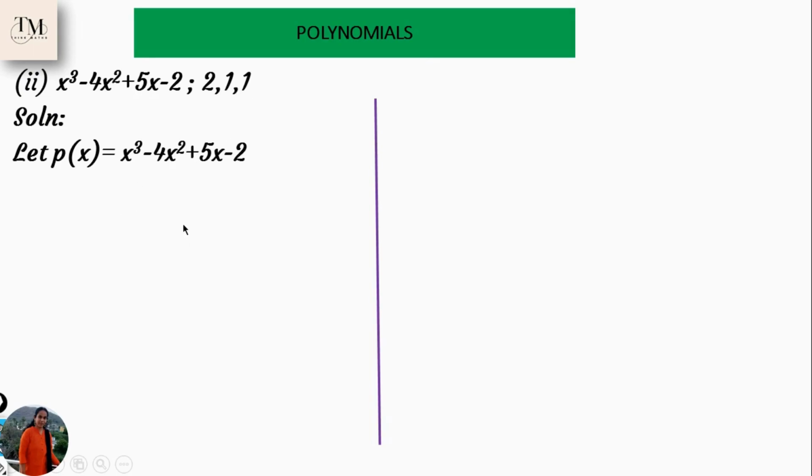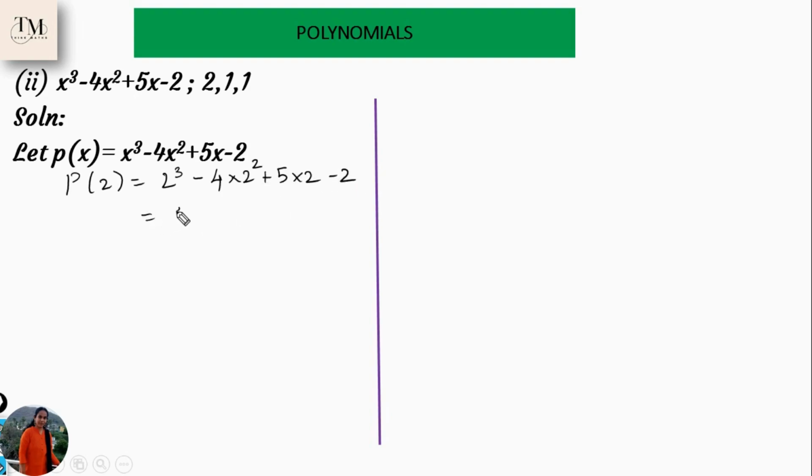So first we have to prove that these are the roots. So we have to prove that p of x equals 0 when x is equal to 2, 1, 1. Okay. So let me take first one, p of 2. So p of 2 is equal to 2 cube minus 4 into 2 square plus 5 into 2 minus 2.